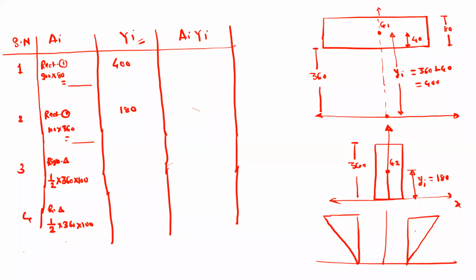And this is second right angle triangle. Okay. So this is the location of the center of gravity. Let us take this as G3. So we need to measure this distance to get the y coordinate. This distance we know by the formula is equal to h by 3. This is the h height, and h height is 360. So this will be 360 by 3.